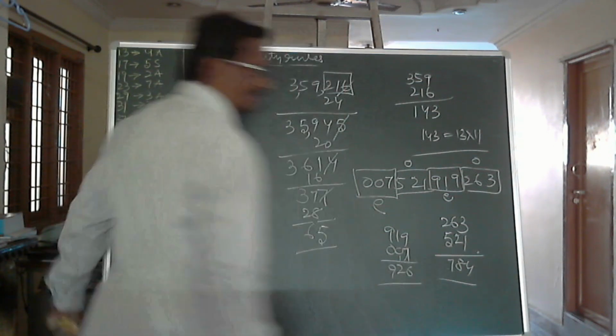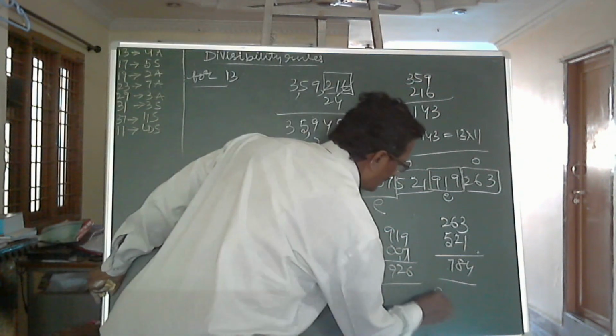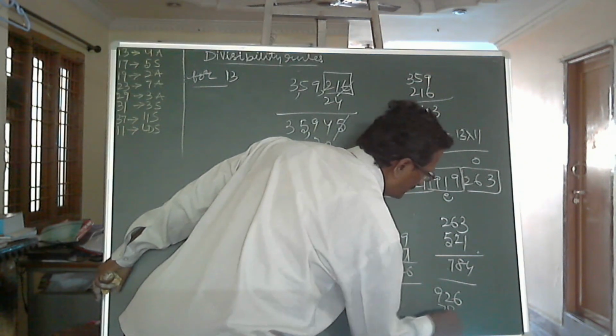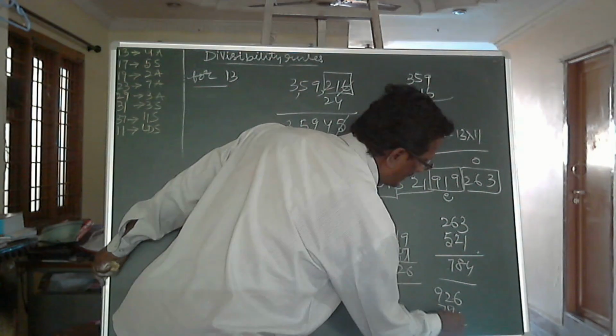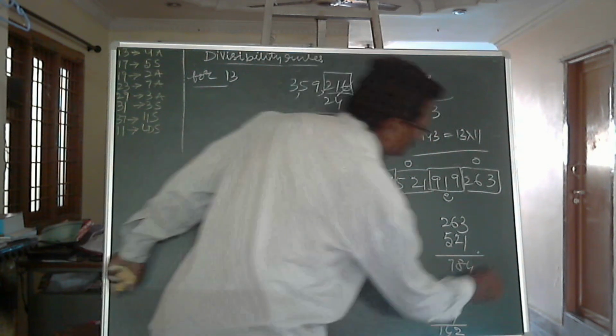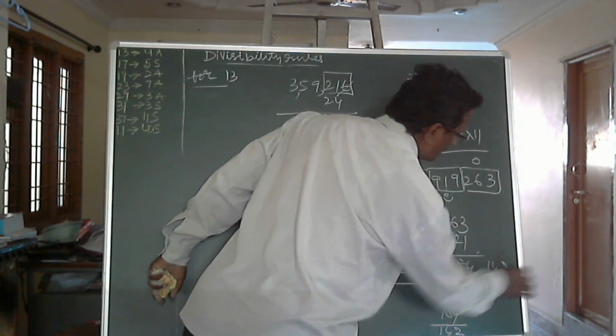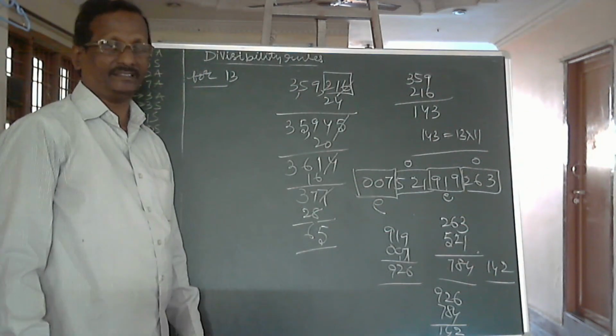This difference, if divisible by 13, then the number is also divisible by 13. 926 minus 784, 6 minus 4, 2, 12 minus 8, 4, 142. 142 is not divisible by 13, therefore the number is also not divisible by 13.